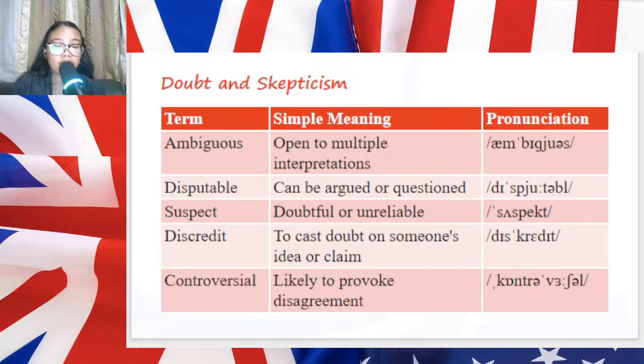It prompts learners to consider that not all messages or claims are straightforward or reliable. All right. For IELTS and TOEFL, recognizing ambiguity in reading passages or listening clips allows students to answer comprehension questions more accurately. In writing or speaking, how do you call that?